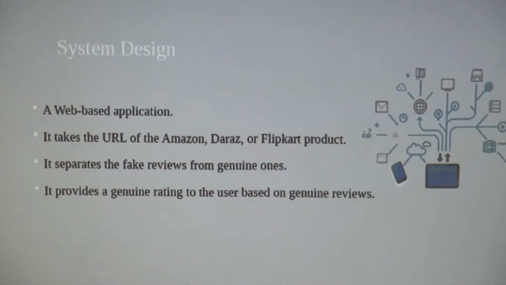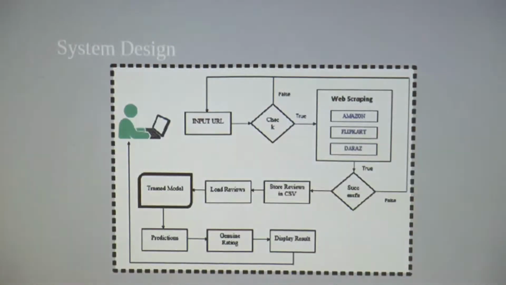The system design includes a web-based application. It takes the URL of Amazon, Daraz, or Flipkart products. It separates the fake reviews from genuine ones, and it provides a genuine rating for the user based on the genuine reviews. This is the process for any user to utilize this system.